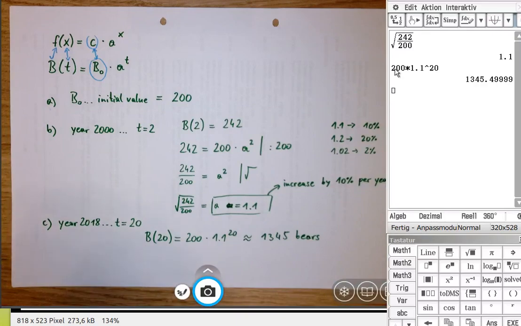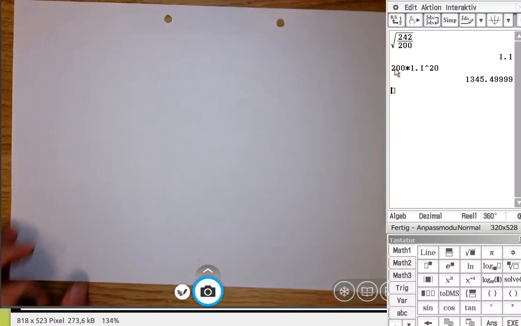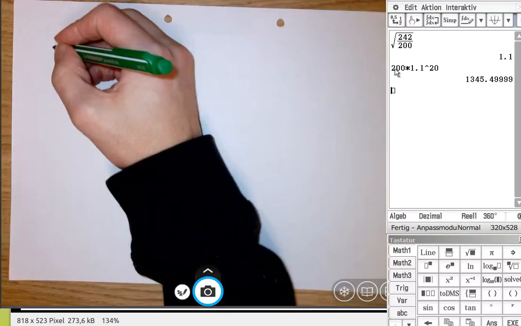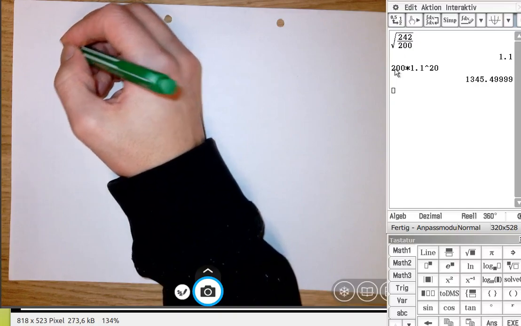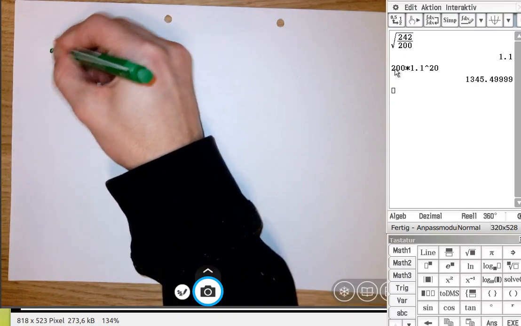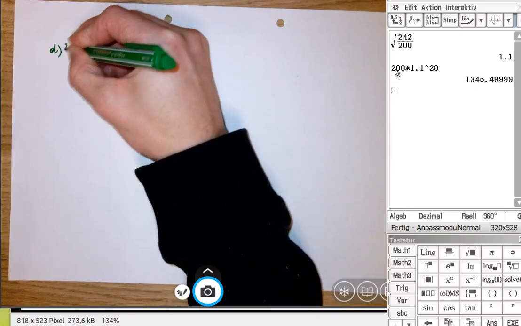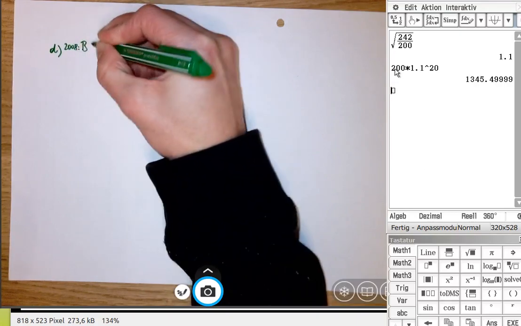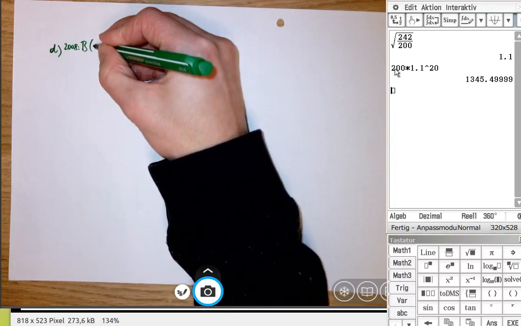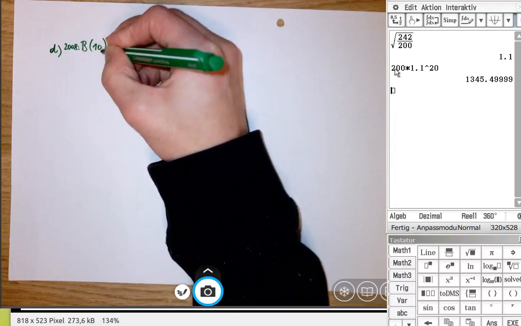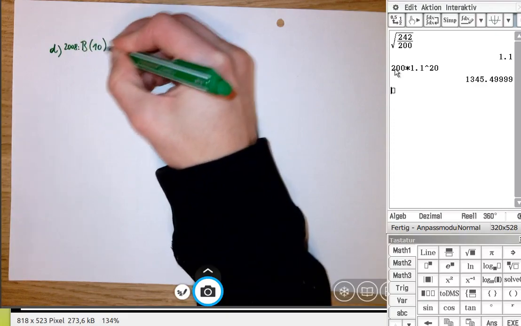Good. And next one, we should find the expected percentage increase between 2008 and 2018. So we need the population in the year 2008. It was B(10), because 2008 was 10 years after 1998.